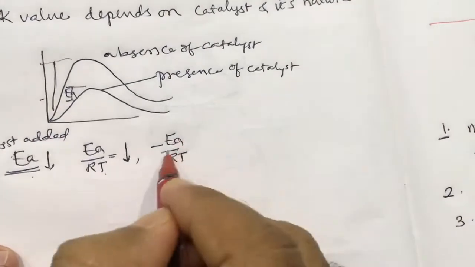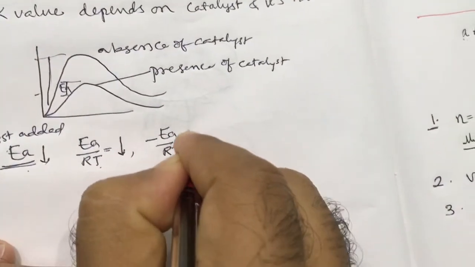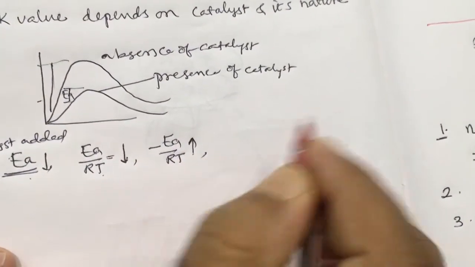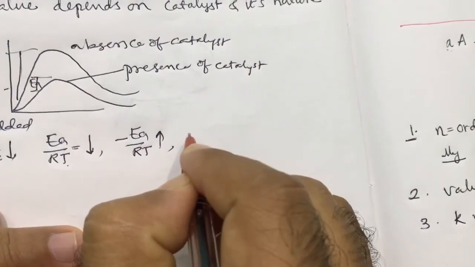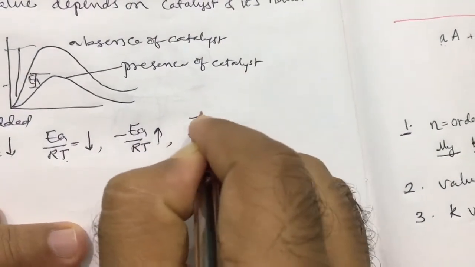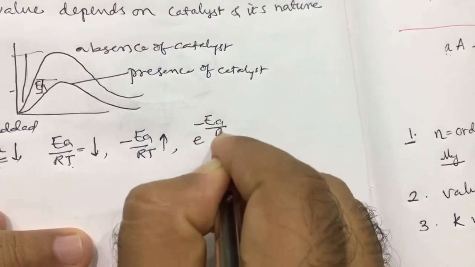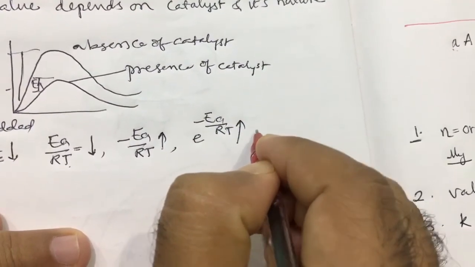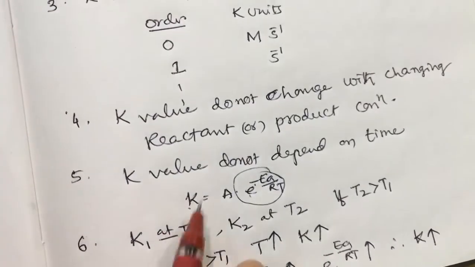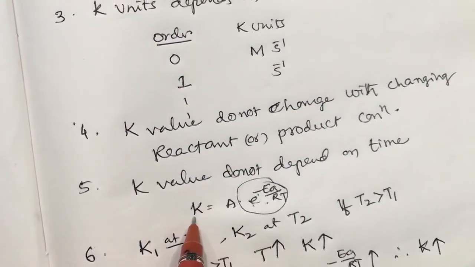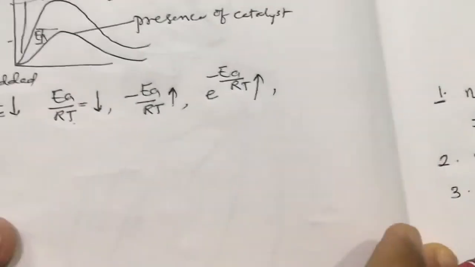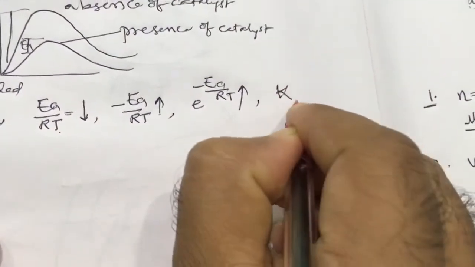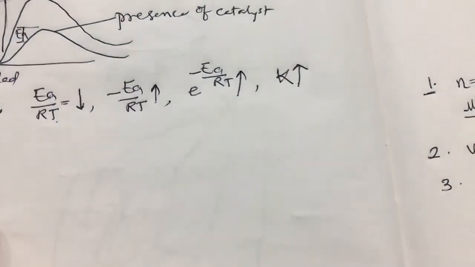When it decreases, the total value increases due to the negative sign. When it increases, e power minus Ea by RT also increases. According to this formula, it is directly proportional to K. Therefore K value will increase.